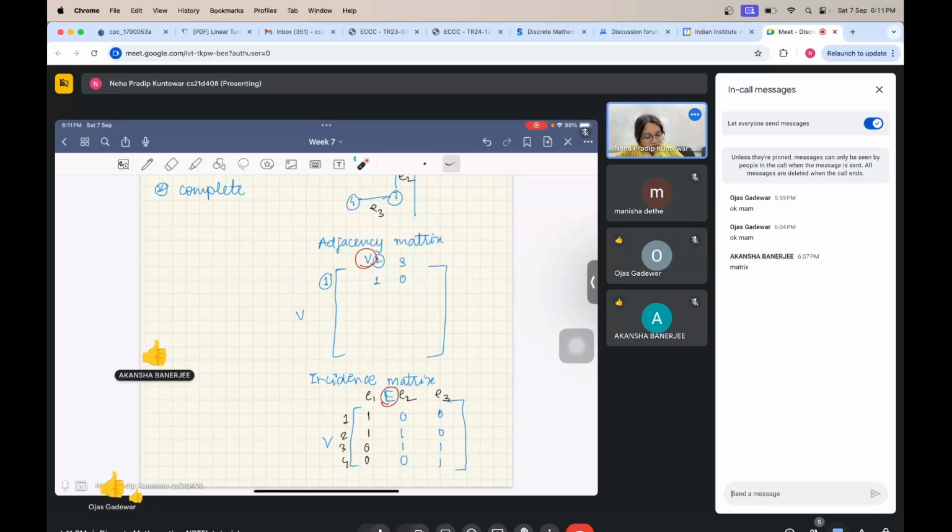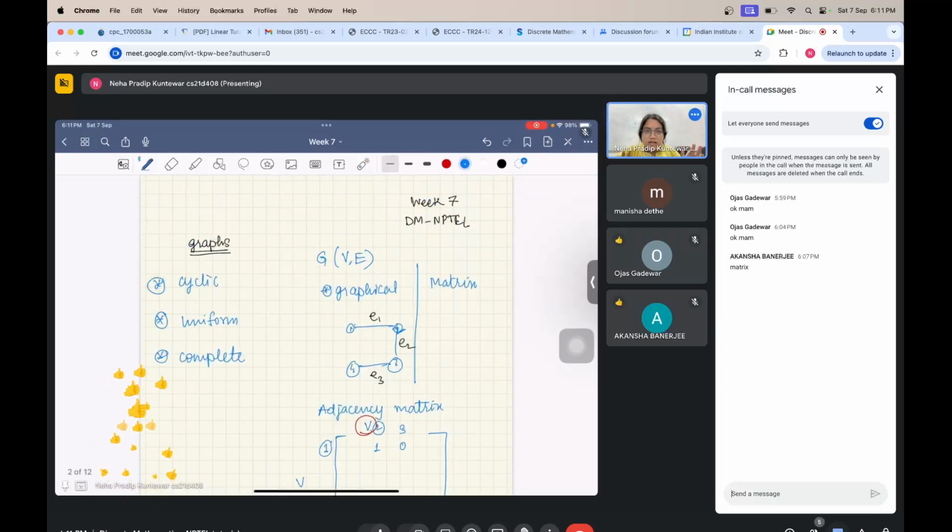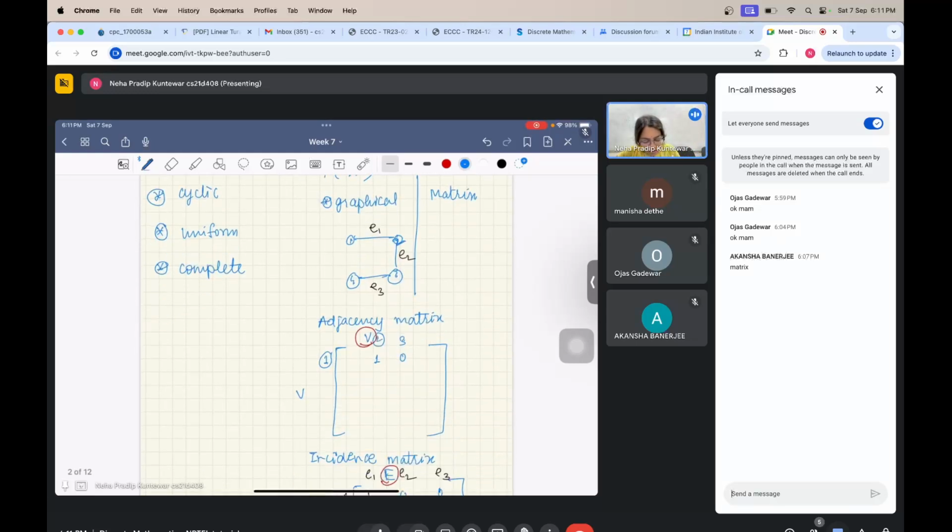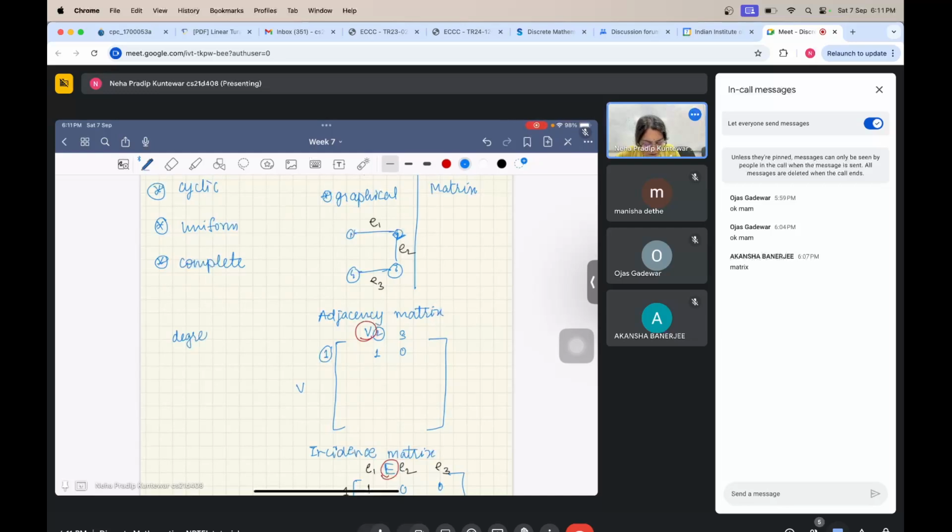Okay, good. So there is one more representation that we will discuss, which you might have seen if you managed to look at the lectures. It is called degree sequence, and this is not a representation per se, but a method of describing a graph.